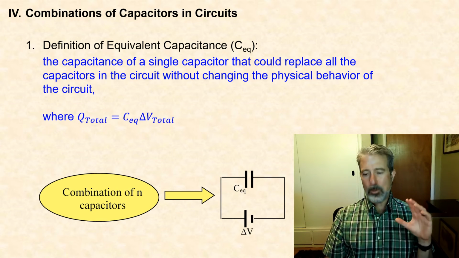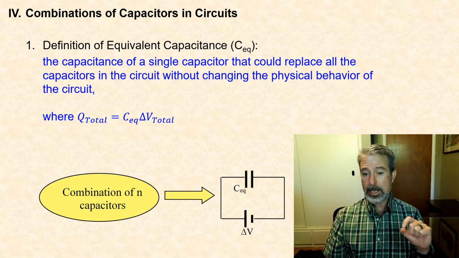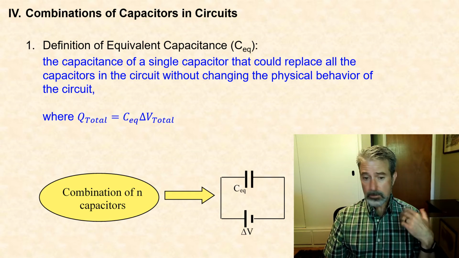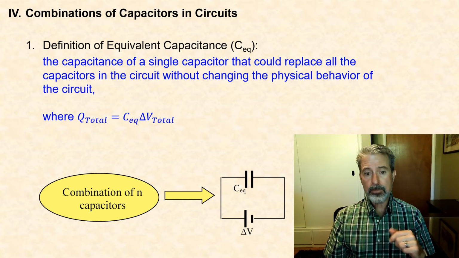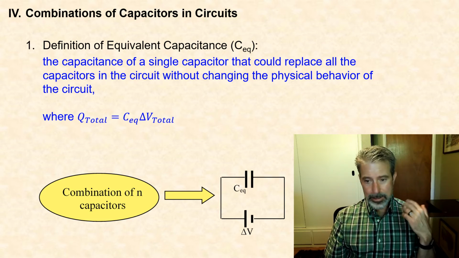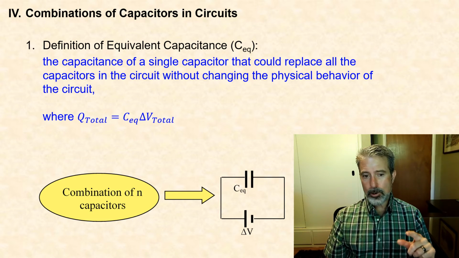So if we could replace a circuit of n capacitors with a single capacitor, then we could say that the total charge for our single capacitor circuit would be equal to this single capacitor having a capacitance value we call the equivalent capacitance, times delta V total, where that is the total voltage provided by your voltage source.